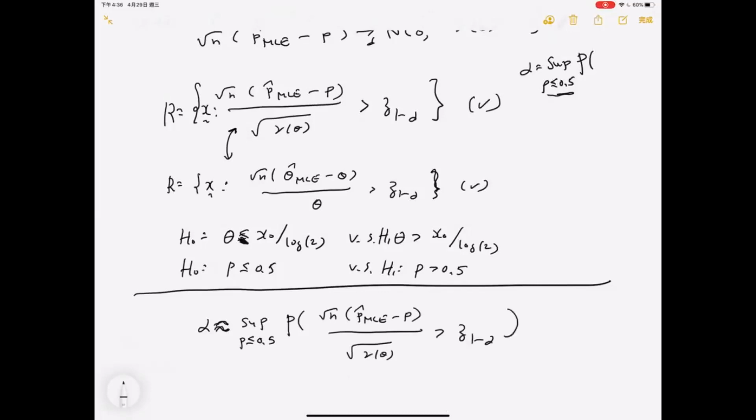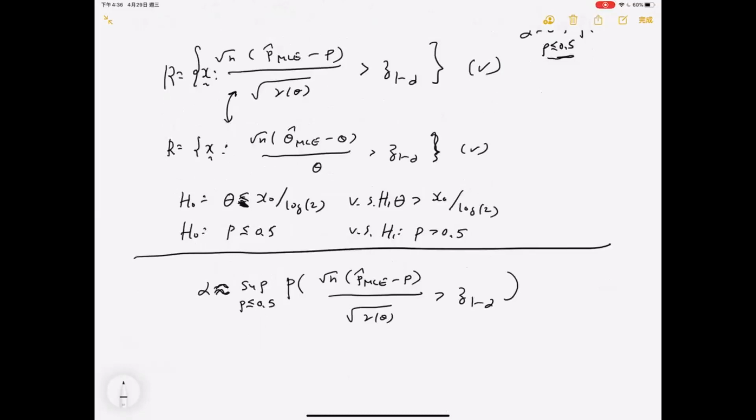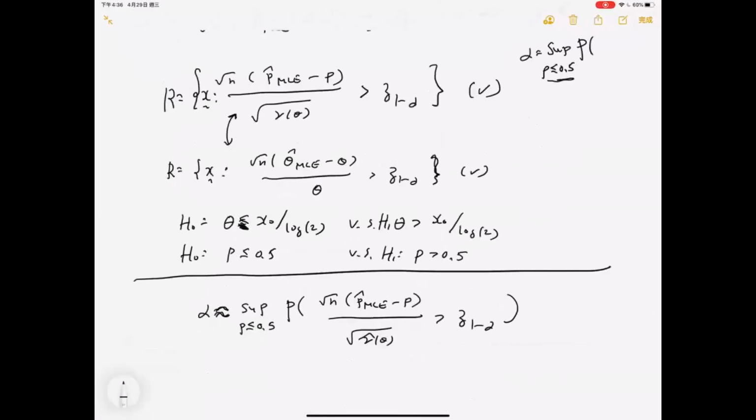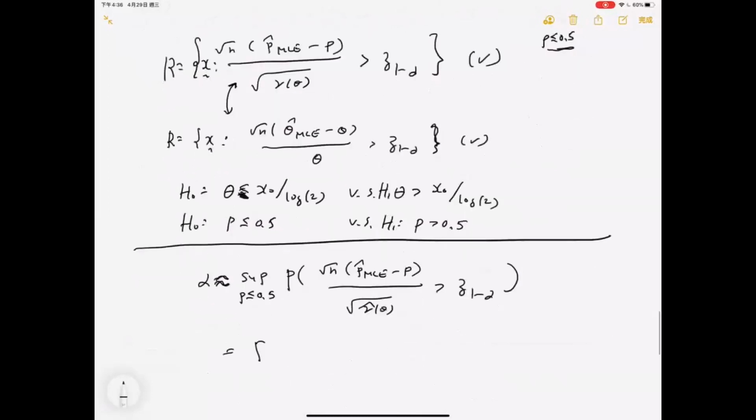You still do so, right? But how do you deal with the V theta? You plug in P hat. Just plug in P hat? Yes. You could either plug in P hat or plug in P equals 0.5. So this eventually is the probability at P equals 0.5.